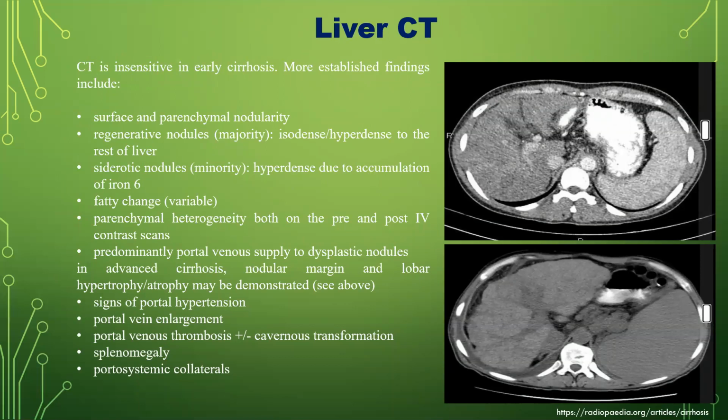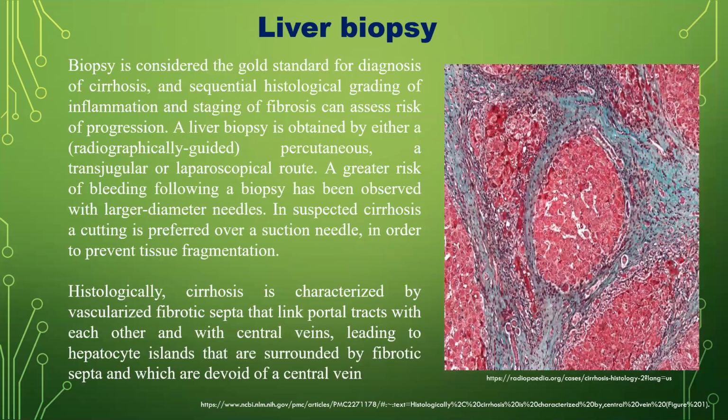CT of the liver is insensitive in early cirrhosis, and more established findings include surface and parenchymal nodularity, regenerative nodules, sclerotic or siderotic nodules, fatty change, parenchymal heterogeneity, predominantly portal vein supply to dysplastic nodules in advanced cirrhosis, and signs of portal hypertension: portal vein enlargement, thrombosis or cavernous transformation, splenomegaly, or portosystemic collaterals.